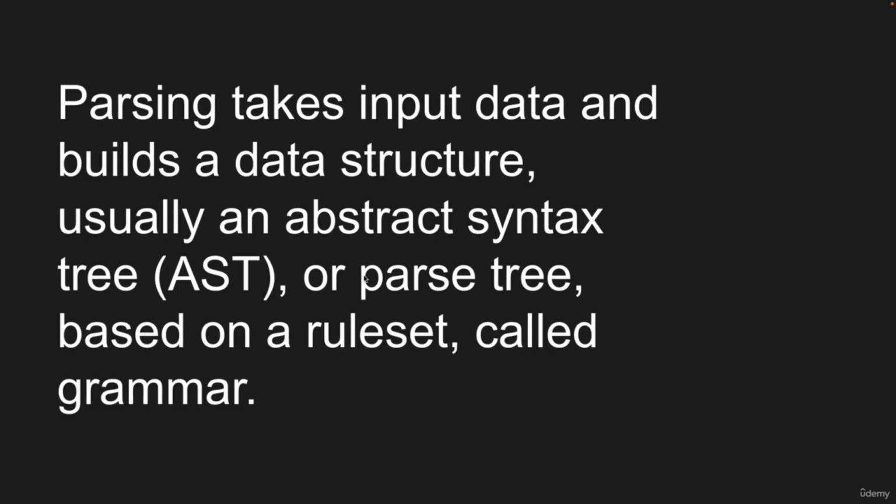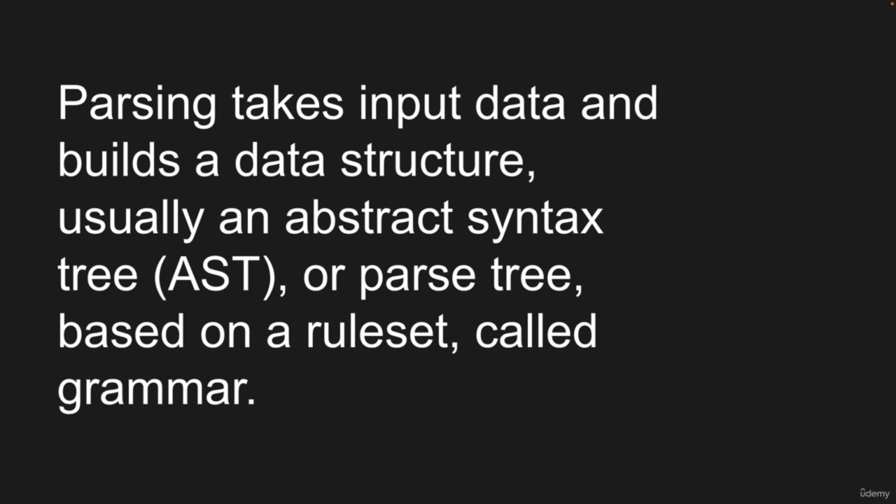The next step is the parsing step. Parsing takes input data and builds a data structure, usually an abstract syntax tree or parse tree, based on a rule set called grammar. Within the parsing, these tokens or values must be in the correct order.